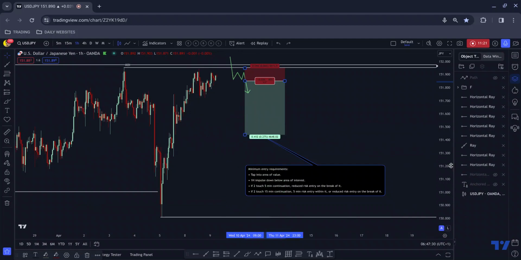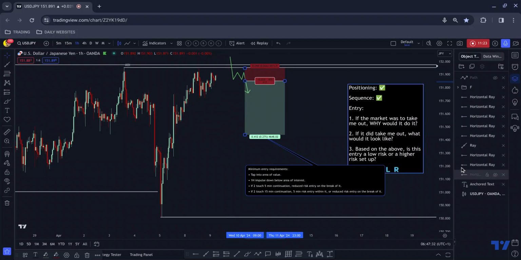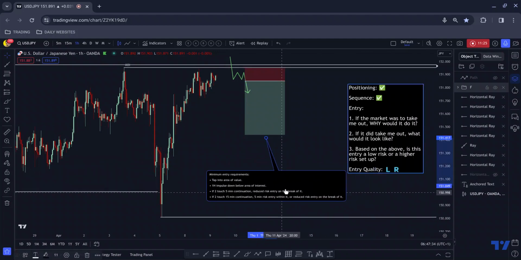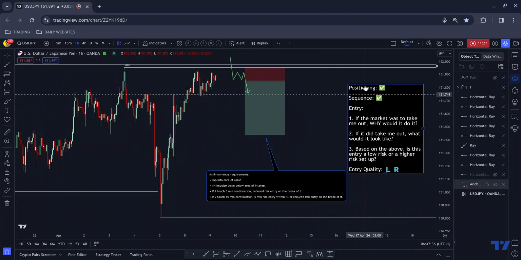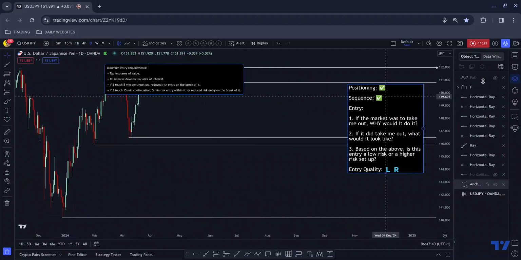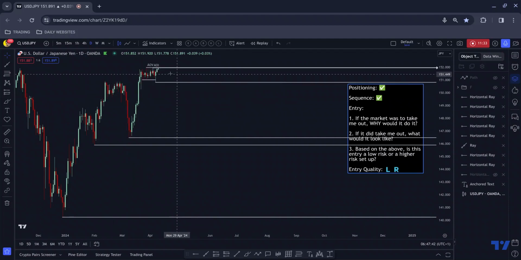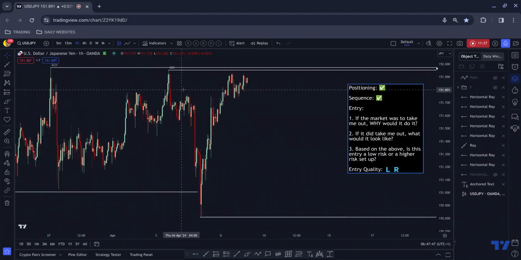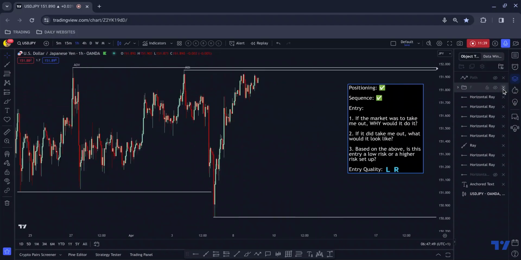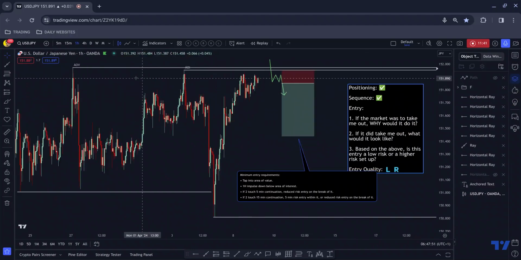Okay, the questions I ask myself, I'm going to put it on the chart just seeing as I have more time. This is what I do at the weekends. I ask myself, am I well positioned for a move to the downside? Okay, so we just take that off the chart. Yes, I would be well positioned for a move to the downside on the higher time frames. Would I be well positioned for a move to the downside on the lower time frames?